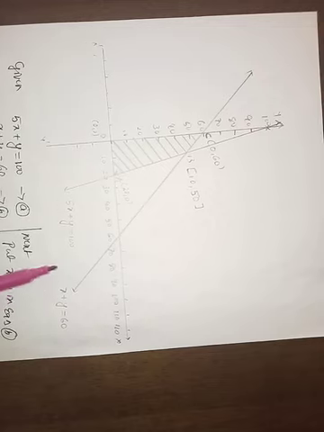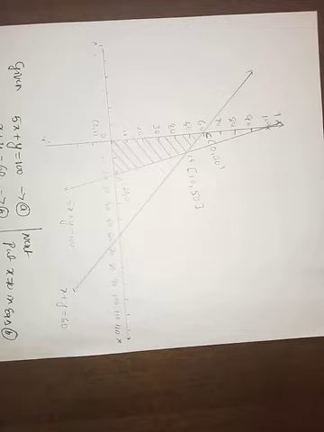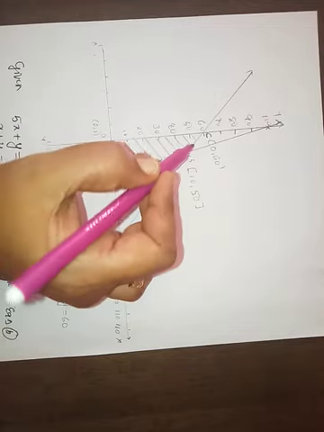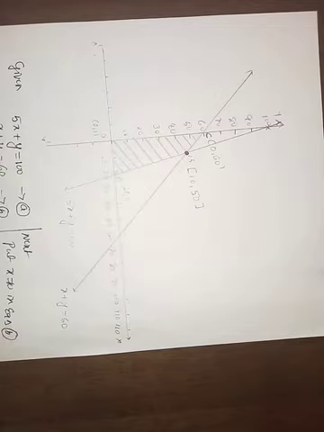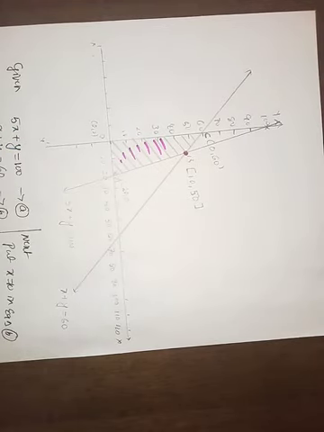Next, x is 0, y is 60, y is 0, x is 60, this is the line. Next we'll get the intersecting point, and this point we call point B. In both the cases it is true, therefore the solution region exists at the origin. This is the solution region.